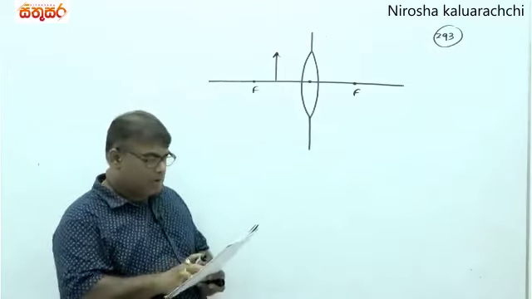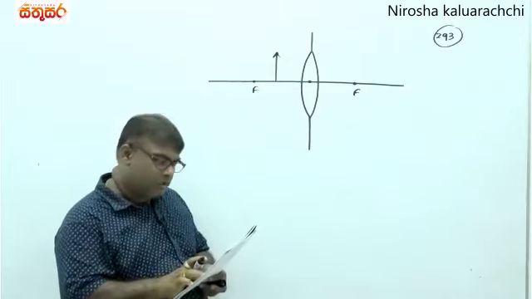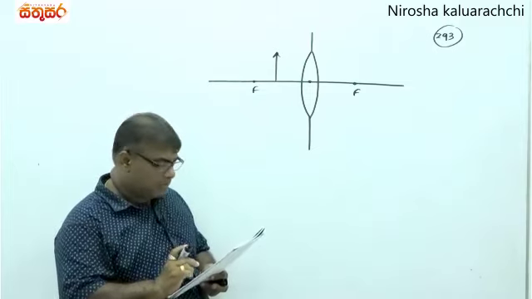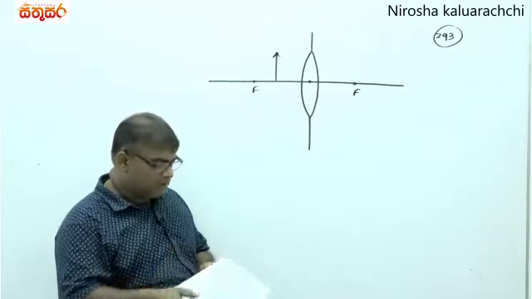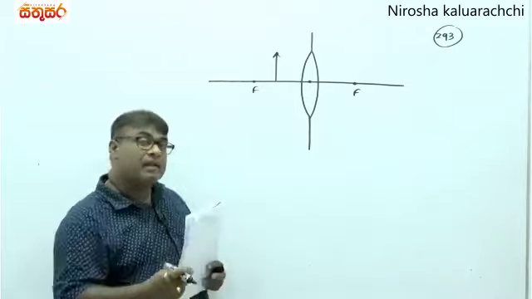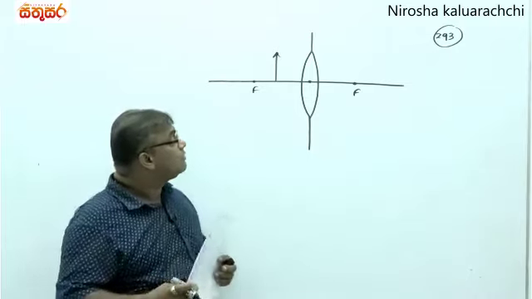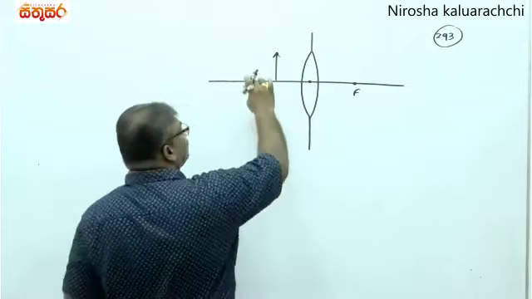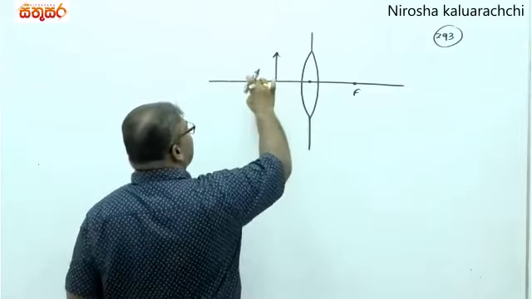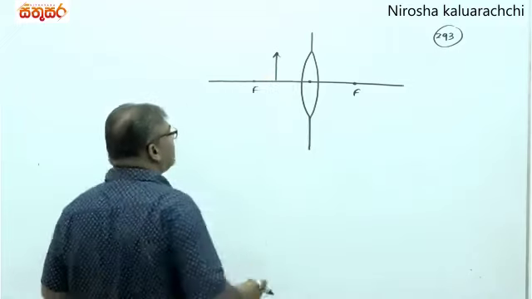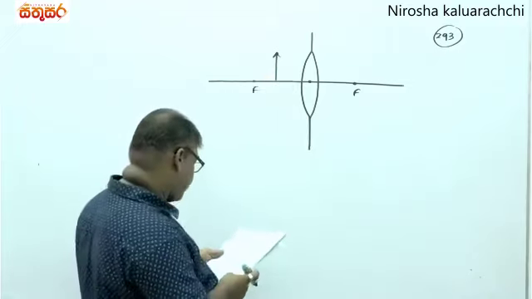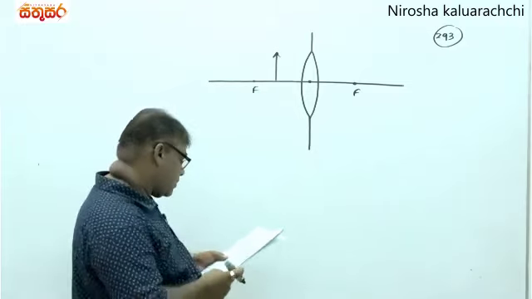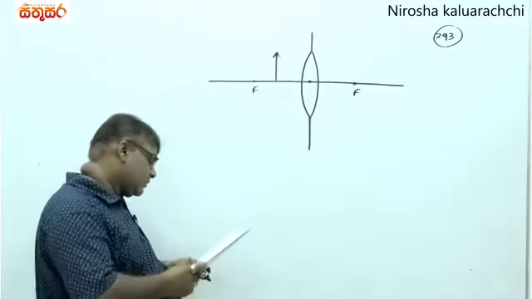So he is able to see only by keeping the object in between 10 and 12 centimeter, but nowhere else. We have to keep the object between 10 and 12 to see the image, but nowhere else.